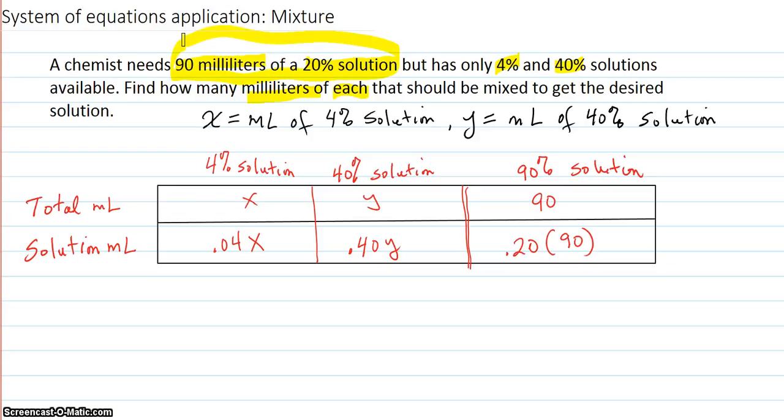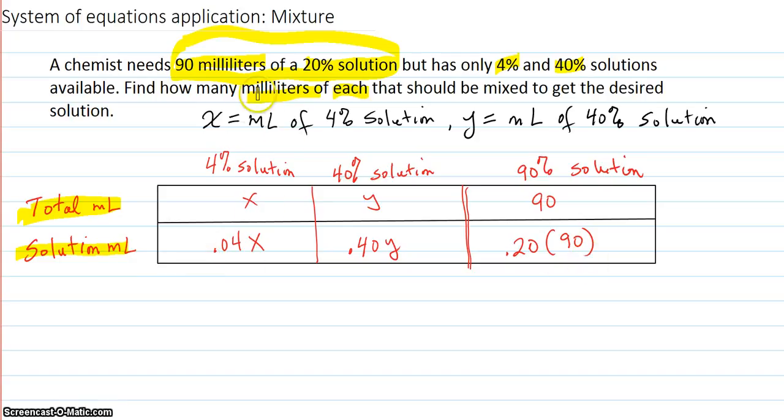So you make a little chart like this design, and there's always this total liquid, total milliliters, total quarts, total pounds, and then there's a solution, which is the acid, the salt solution, copper, aluminum, that's inside that liquid. So you have one row for total and one row for solution. And then you start naming the variables.